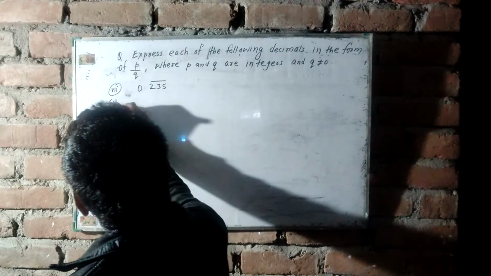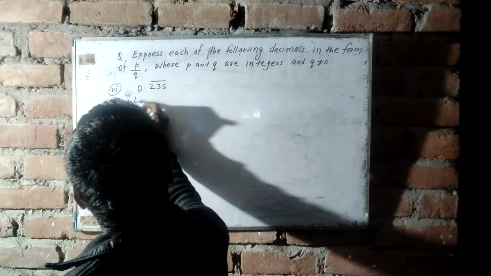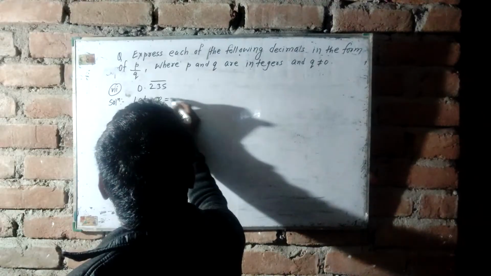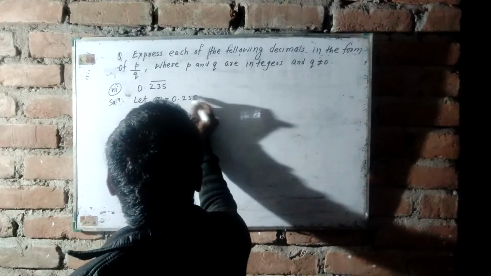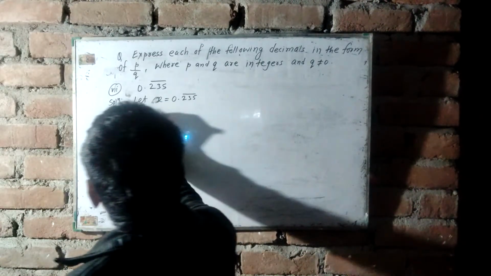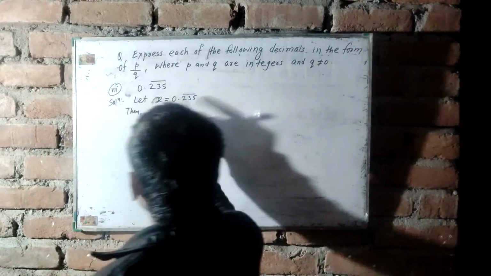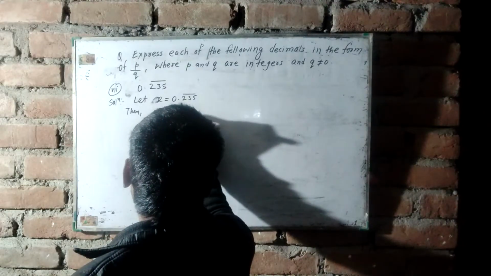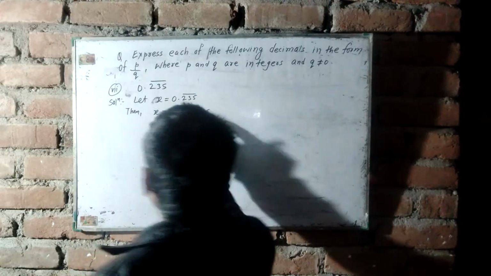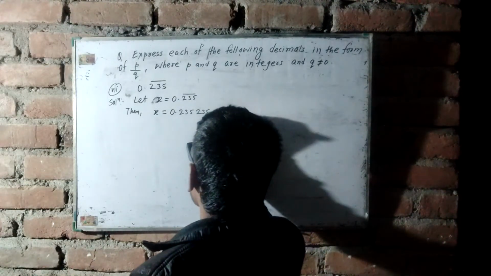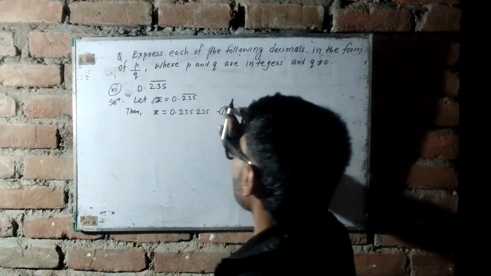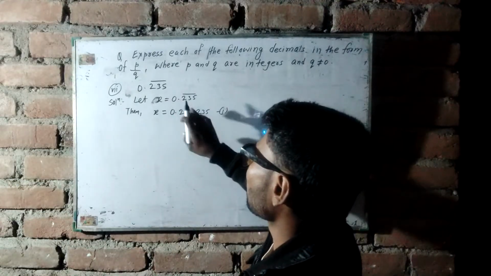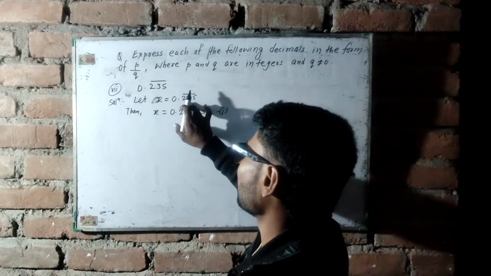Let x is equal to 0.235 over bar, then we can write this expression as x is equal to 0.235235. Let this expression be equation first. Here we can see the repeating digits has only 3 digits, 2, 3, 5.